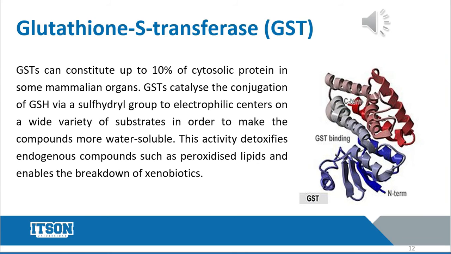Glutathione S-transferase can constitute up to 10% of cytosolic protein in some mammalian organs.